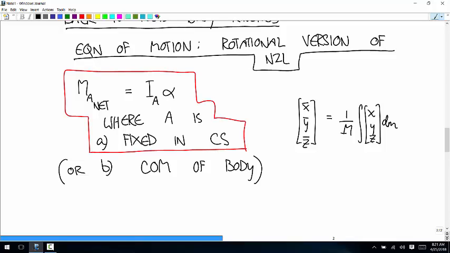So wherever your origin is, those are the coordinates. Are those lines? No, those are lines. That's a symbol for the centroid, actually, rather than the center of mass. Usually those are the same thing. So that's how you do it.